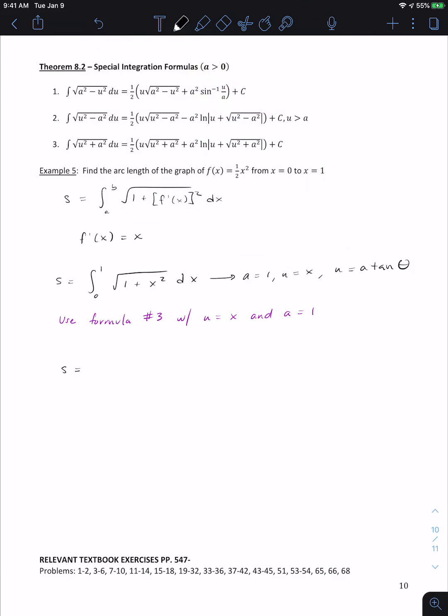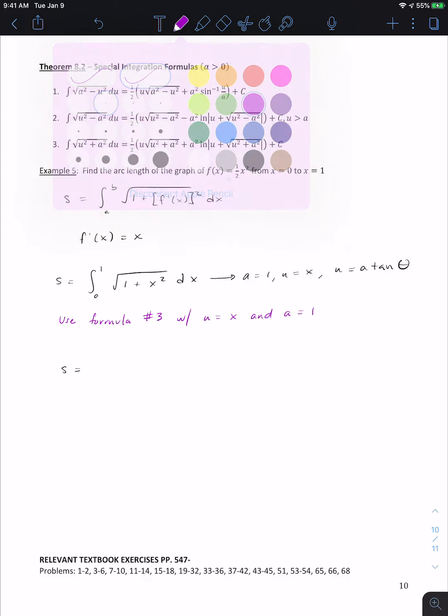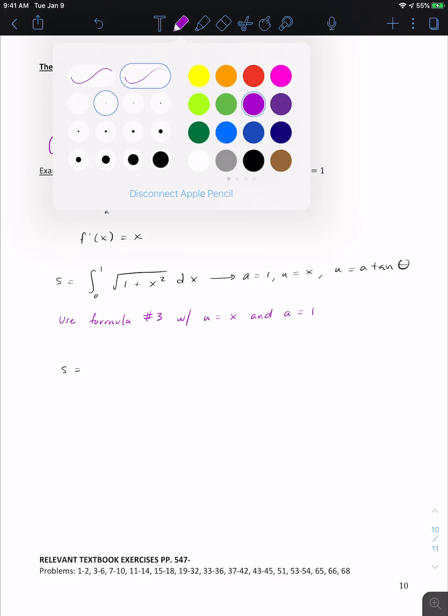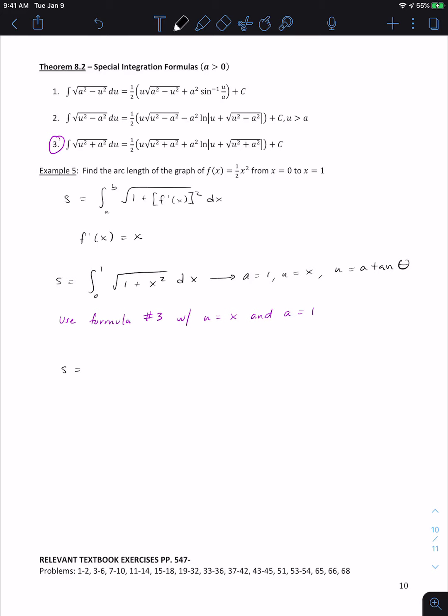So the integral is equal to, and remember this is in general for an antiderivative, but in our case we're going to be using the definite integral, right? So I do 1/2 u, which u is x, so 1/2 times, put a bracket here, x times the square root of x squared plus 1, plus, what is a?